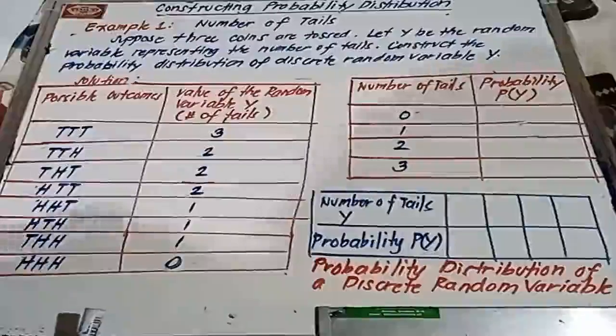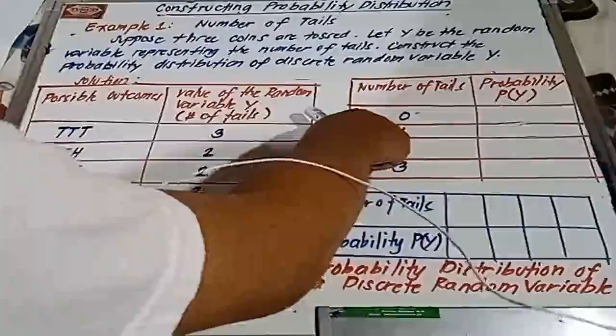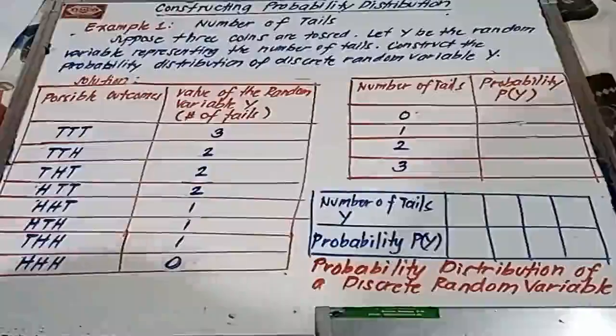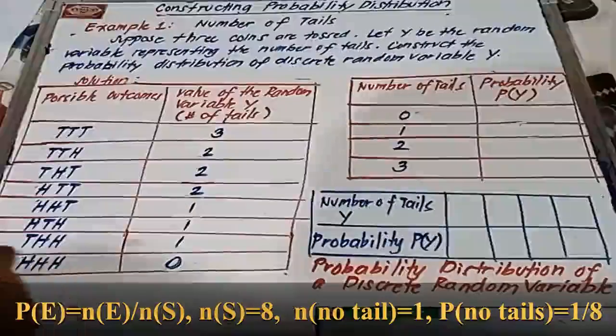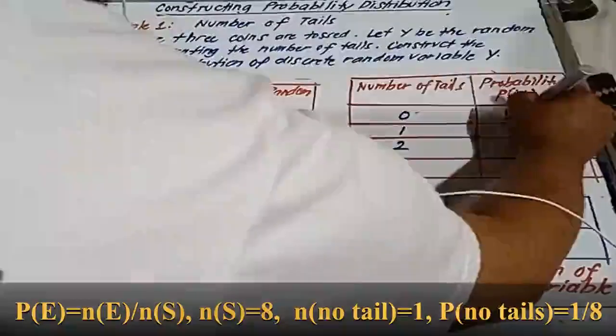So, ano ba yung probability that no tail will come out dun sa pag-toss ng 3 coins? So, meron lang isang element yun. So, therefore, ang probability niya ay 1/8.